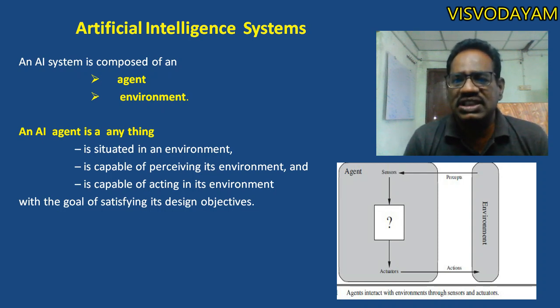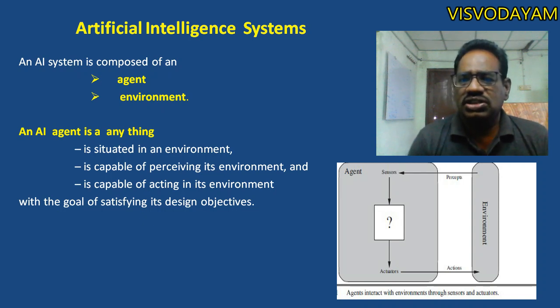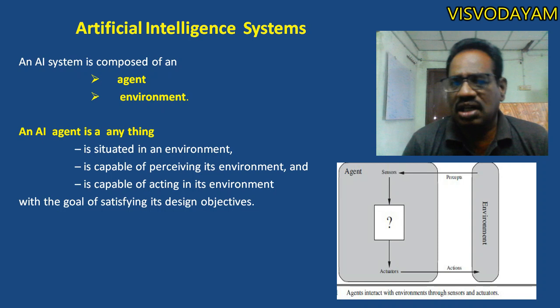So when an agent is designed for a particular thing, it should be capable of perceiving the environment, and based on the perceptions, it can do certain actions on the environment.